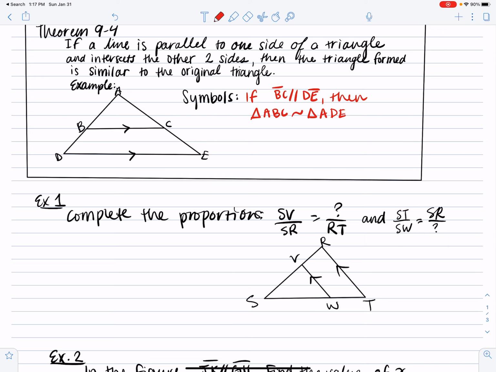So basically what we just learned: it's given that these two lines are parallel to each other.